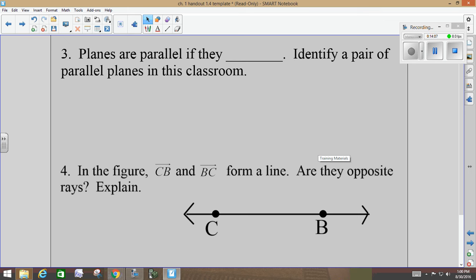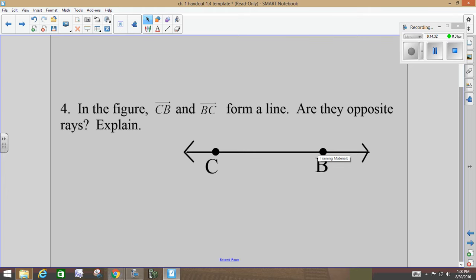What parts of our room don't touch that are flat surfaces? Anna? Good. The ceiling and the floor. The west wall and the east wall. The south wall and the north wall. Your desktop and the ceiling. Your desktop and the floor. All parallel planes.